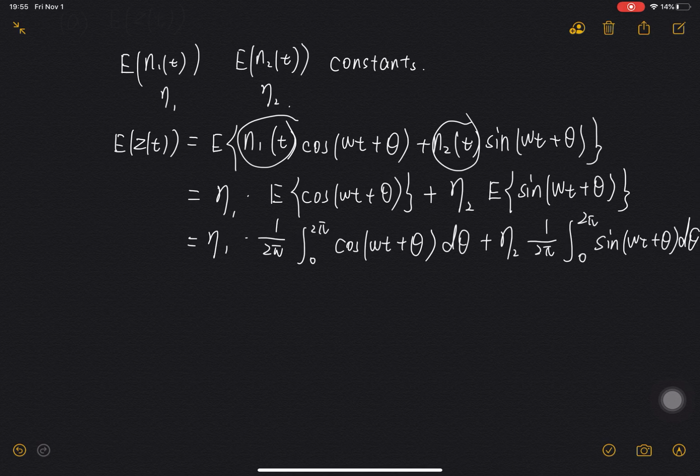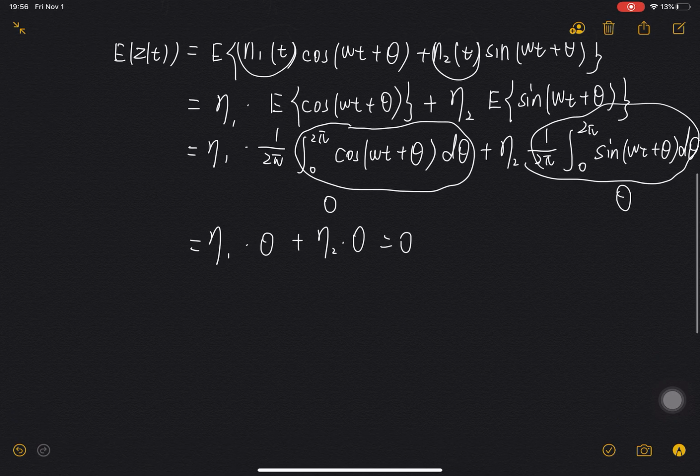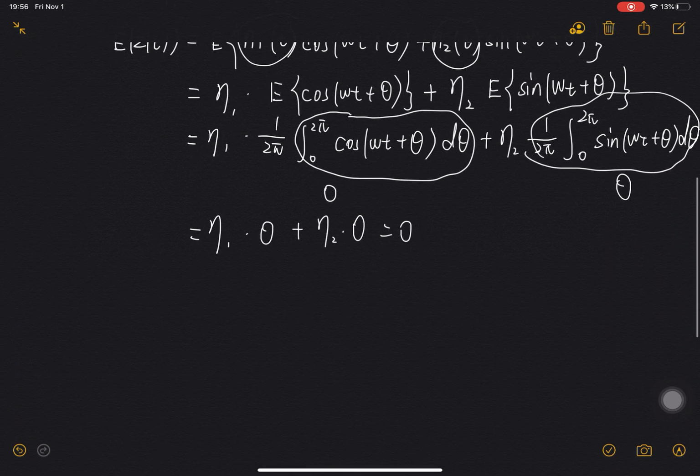So this is the equation we have right now, and we know that the result of this part should be 0, and the result of this part also 0. So it became eta 1 times 0 plus eta 2 times 0. It's still 0. Okay, that's all about the question A.